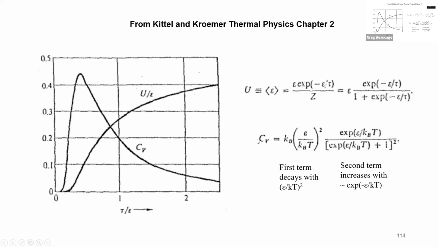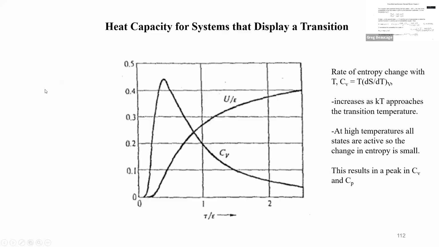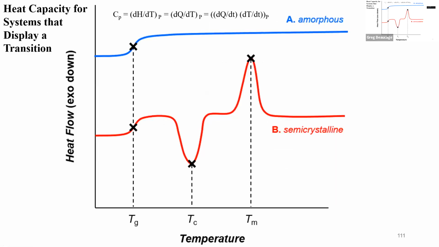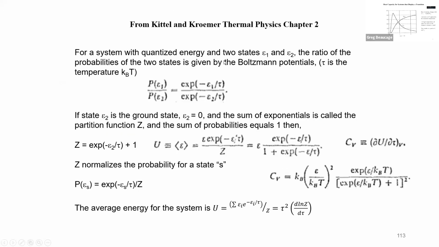If you have the expression for the heat capacity, so when you're doing this DSC measurement, this is basically the heat capacity plot because you have dH/dt, dQ/dt, and dT/dt. So basically it ends up being that this is a plot of heat capacity versus temperature. So why does the heat capacity increase and decrease? That's the question.